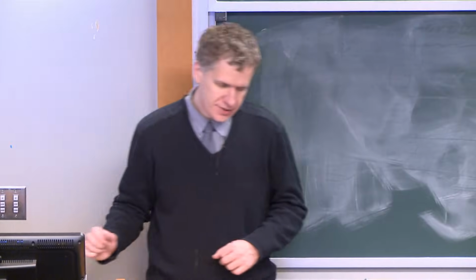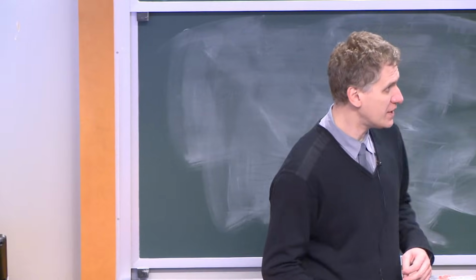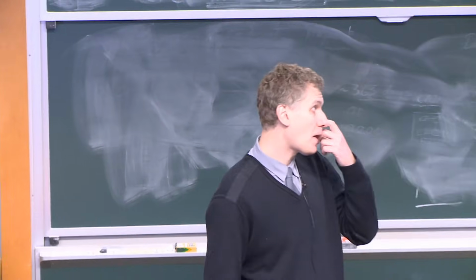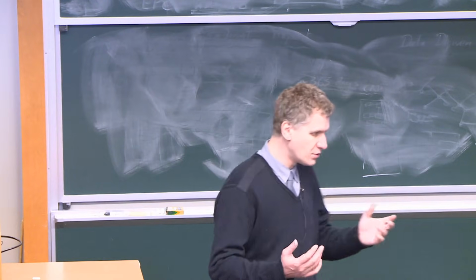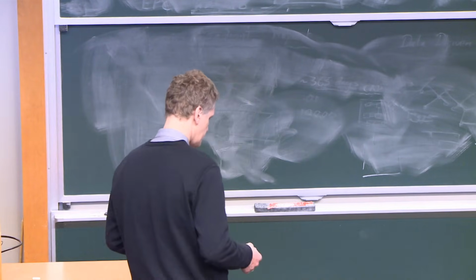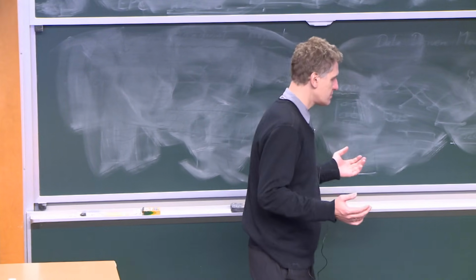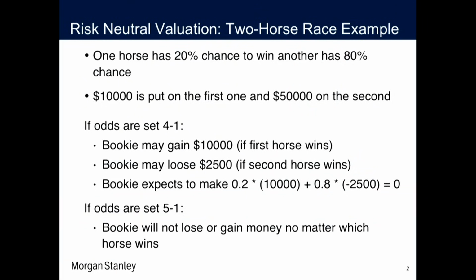So let's start with a simple but quite illustrative example. Suppose you're a bookie, and what does a bookie do? He accepts bets on the horses, sets the odds, and then pays money back. Probably collects a fee somewhere in between.